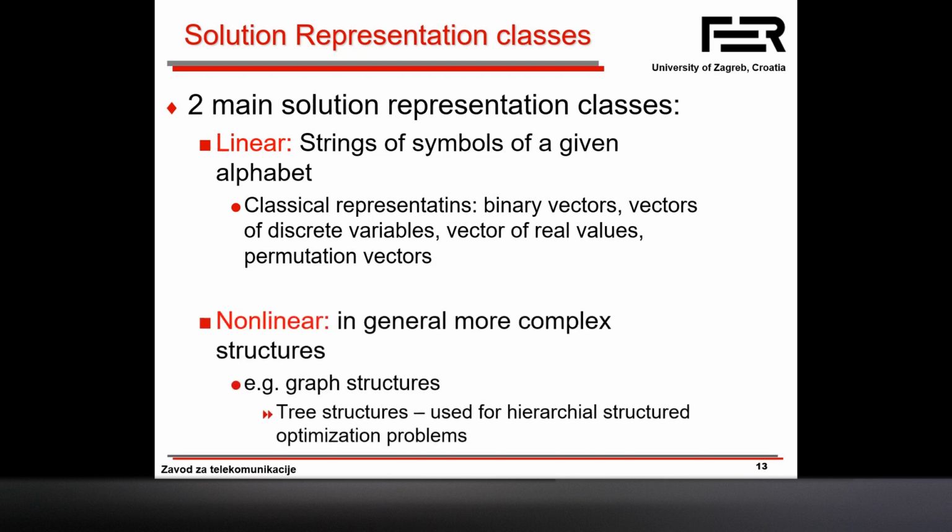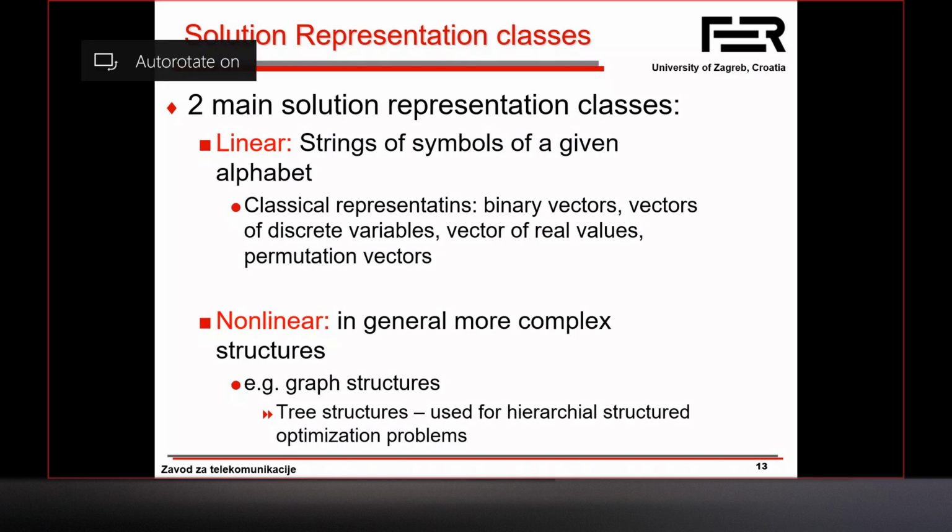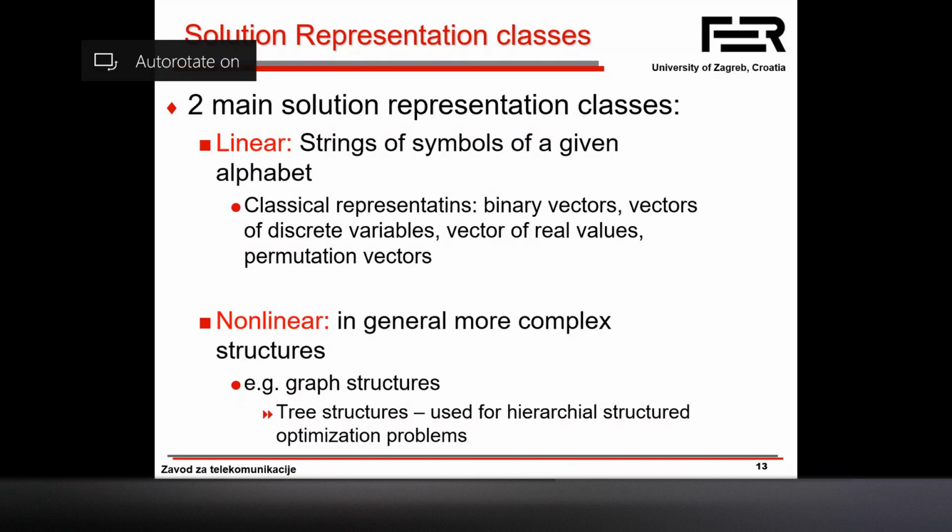We could also have some kind of a nonlinear structure, such as a graph structure. This is not a typical representation, but such examples are used, for example, for encoding regression problems, where you're given some input and output values and you're trying to find a function that will provide the best output given the inputs.